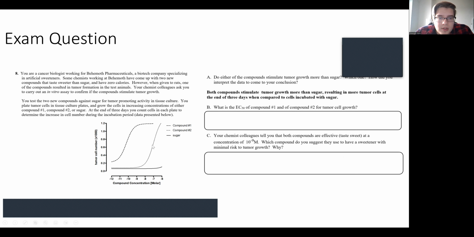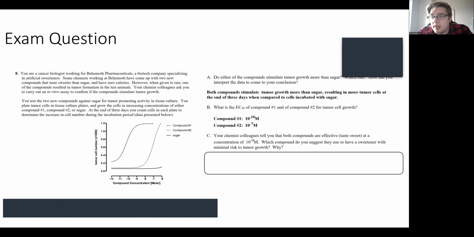And then for compound number 2, once again, about 1.2, go to the 0.6 mark, it's about 10 to the negative 7. Very similar stuff. We remember we do this because it's at the linear point, so it's the most accurate. So we know what the kinetics are for these compounds. We talked about that in class a while ago.